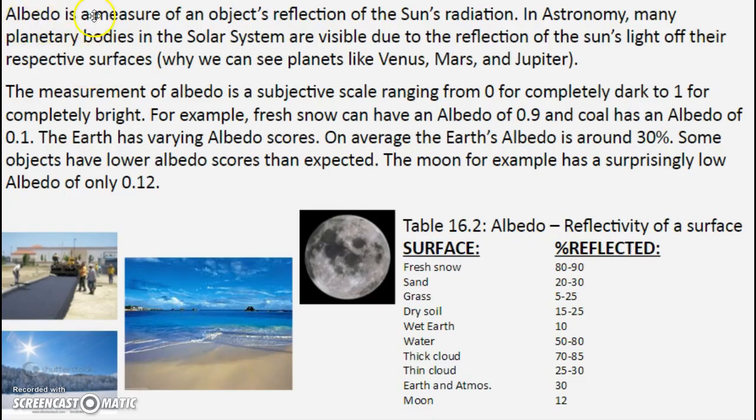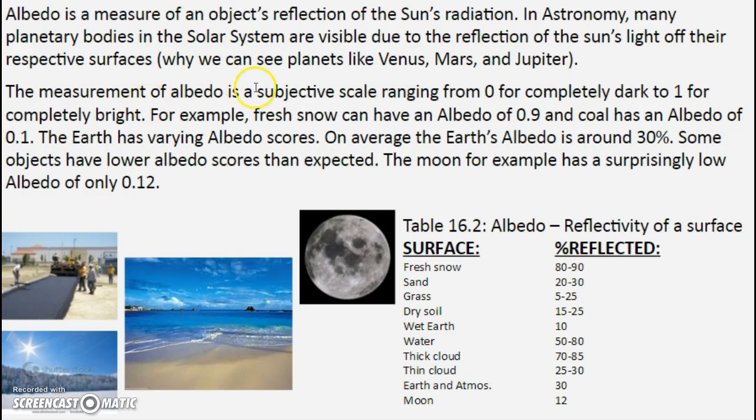So here's what we call albedo, that different surfaces, light and dark, influence how much heat energy is reflected or absorbed. Albedo is a measure of an object's reflection of the sun's radiation. In astronomy, many planetary bodies in the solar system are visible due to the reflection of the sun's light off their surfaces, which is why we can see Venus, Mars, and Jupiter.